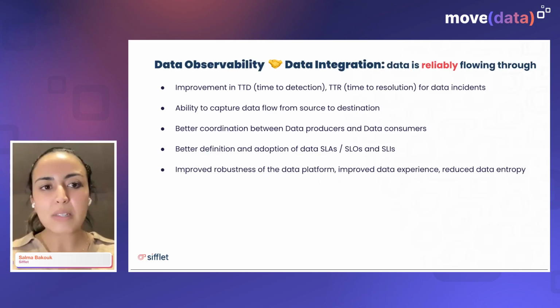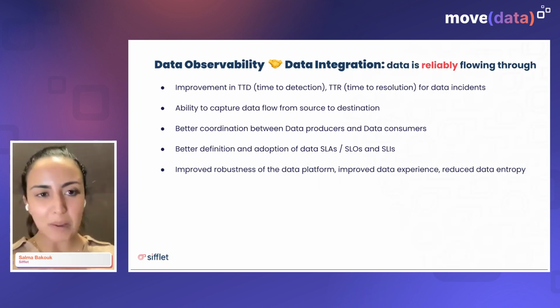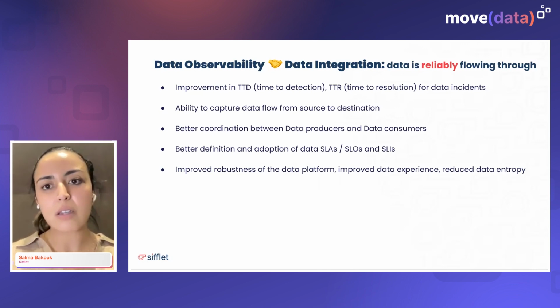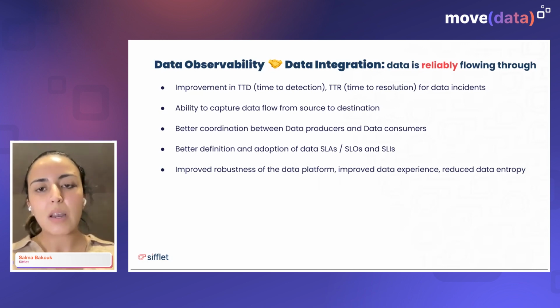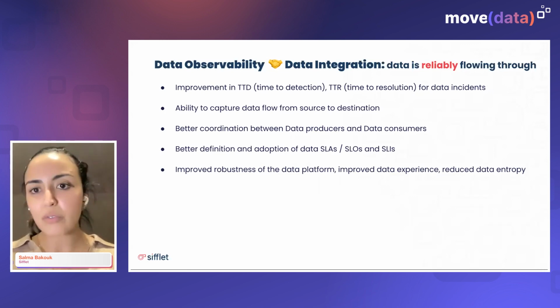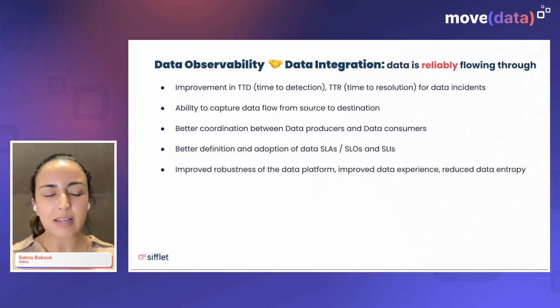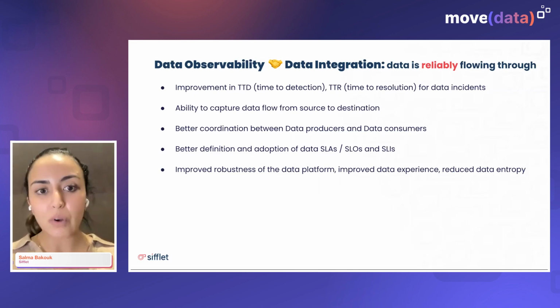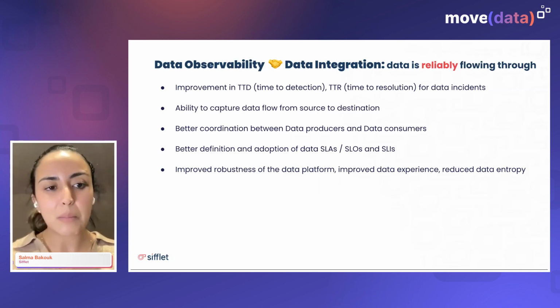Now, to circle back on everything that we said, once you have successfully implemented data observability within your data integration process, you'll hopefully get to a place where you can move data reliably, no pun intended. And some of the key results that folks who've adopted similar processes, and some of the customers that we work with have seen, are improvements in time to detection and time to resolution for data incidents, particularly when you have that full stack lineage, the ability to capture and follow the data flow from source to destination, which can be extremely crucial in a world where data sources are only getting larger and multiplying in number.